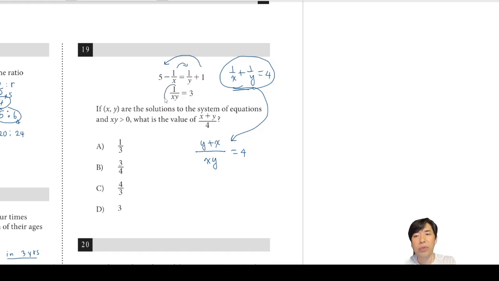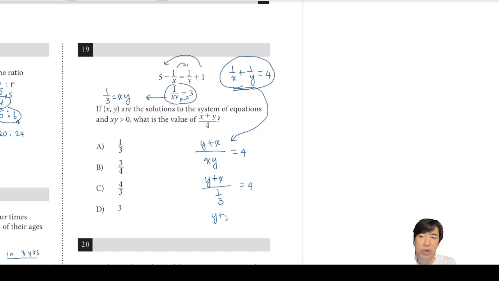But then what this one says is that, multiply xy to this one, or you can switch these two. That's an equivalent expression. So 1 over 3 is equal to xy. So y plus x over xy, which is 1 over 3, is equal to 4.